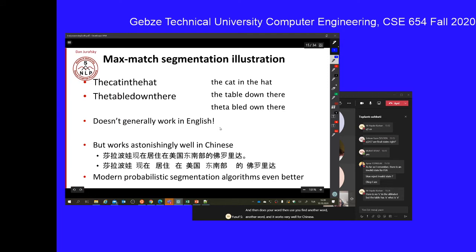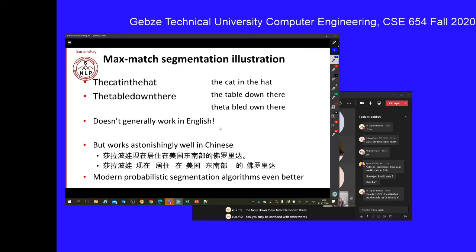Okay, it looks like it doesn't work very well for English. The cat in the hat, if you put them together, becomes the cat in the hat. But the table down there, theta bled on there, you may be confused with other words.